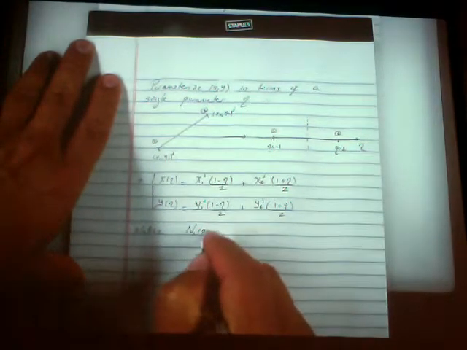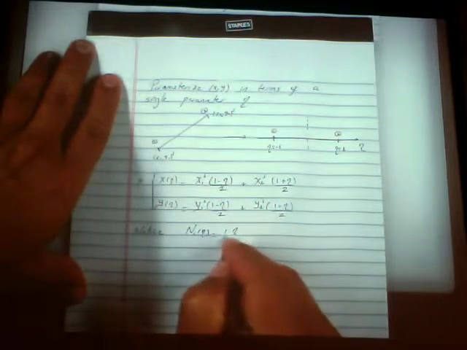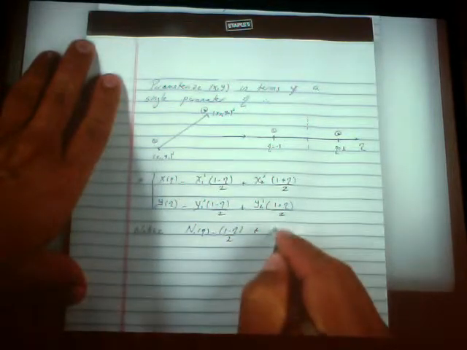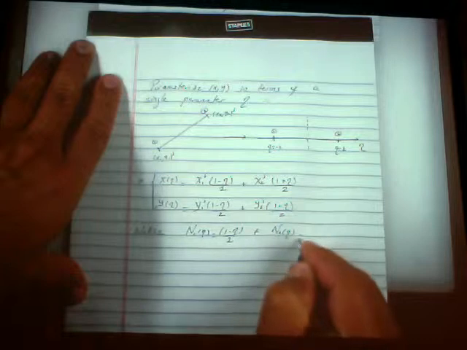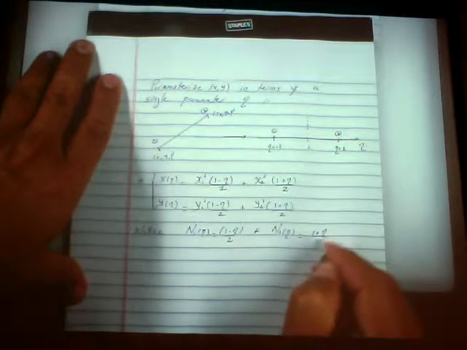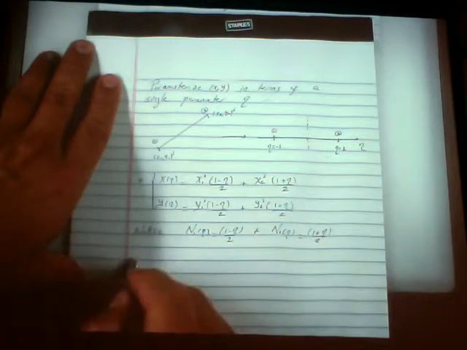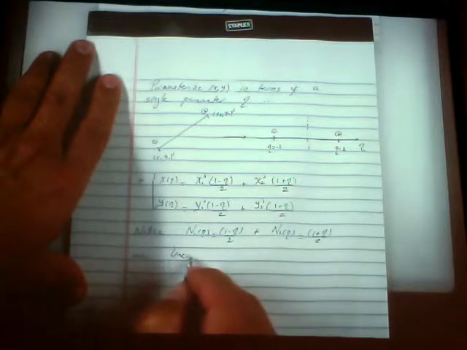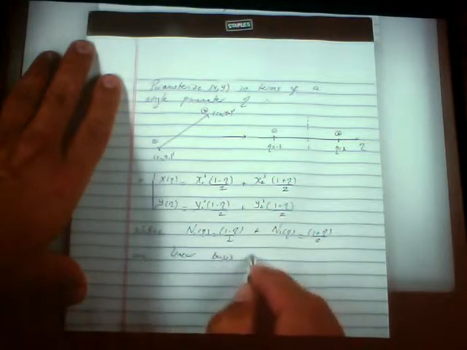All right, notice n1 of eta being equal to (1 minus eta) over 2, and n2 of eta being equal to (1 plus eta) over 2, or linear basis functions.